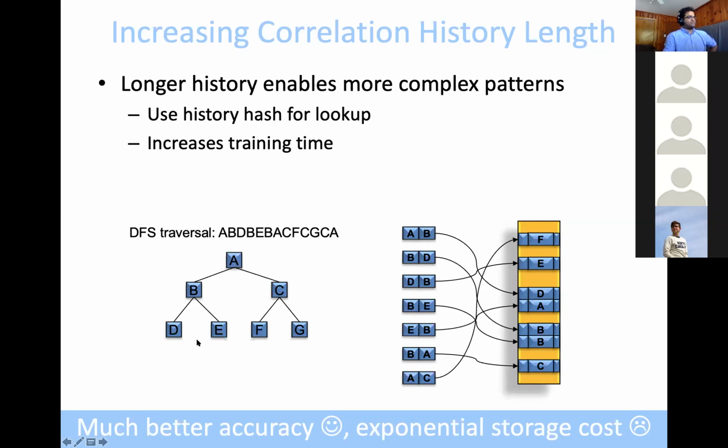Just for argument's sake, with the depth first traversal here, you'd go to A, you'd go to B, you'd go to D, then you'd come back to B and go to E, right? And then you'd go back to A, go to C, then F, go back, go to G, and then return to A, right? That's kind of what is encoded out here.